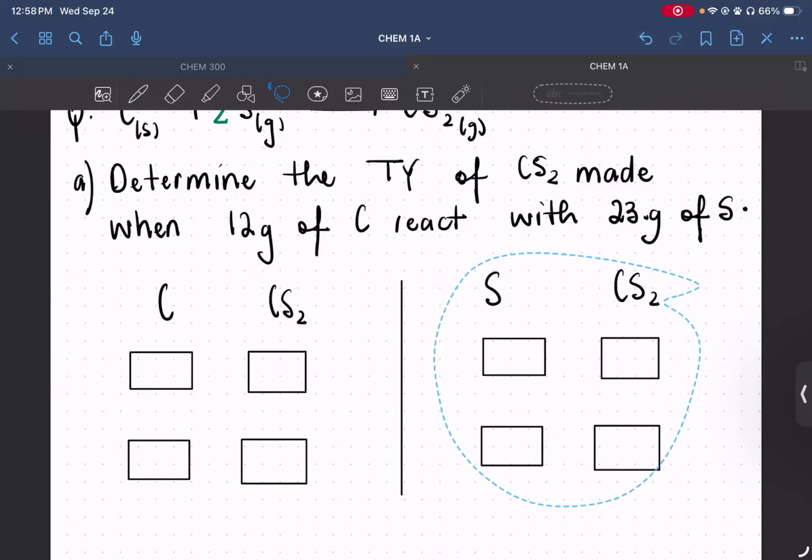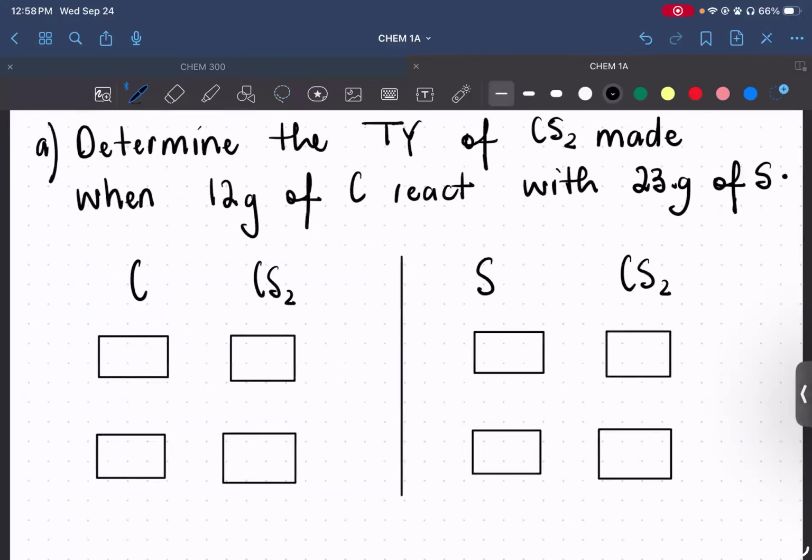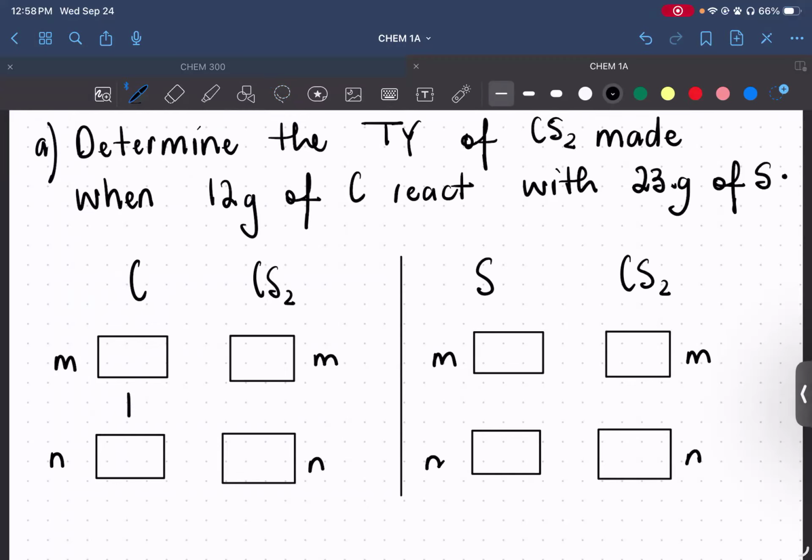So as you come into your own with practice, you'll be able to shorten it or abbreviate it in some cases. For example, I'm just going to write M, N, M, N, M, N, M, N, where M and N represent mass and moles respectively. I know that my vertical arrows are traditionally molar mass.